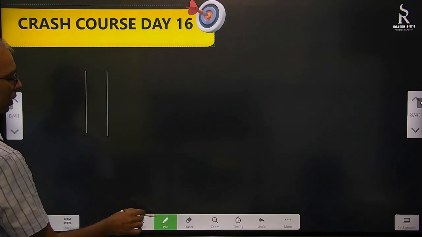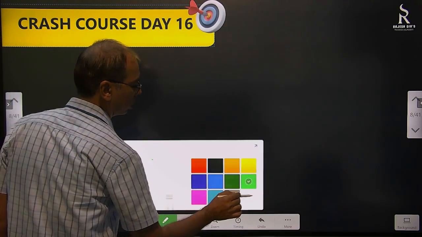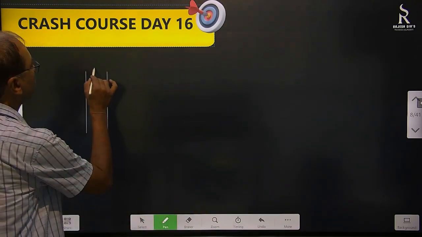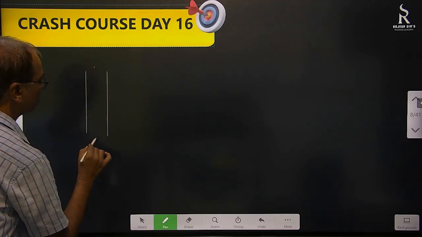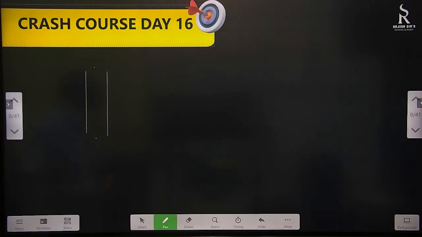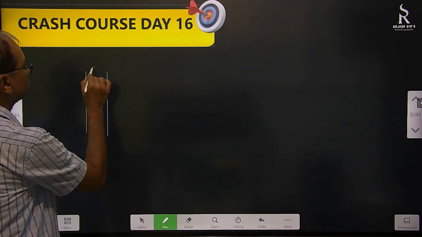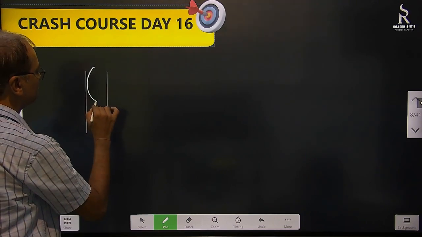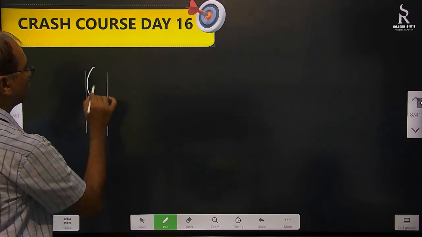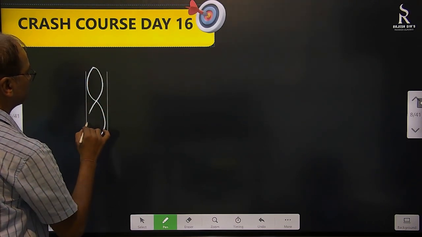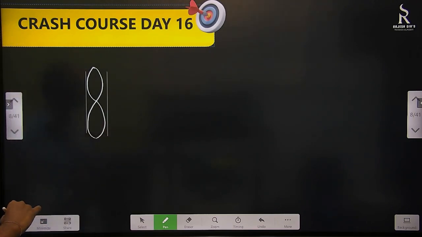Now we know that at the open end there is a node. Here is a node, here is a node. One loop I made in the previous one. Now I can make at least two loops. So assume that here is also one node. So make it like this, and here also like this. So we have made two loops now.